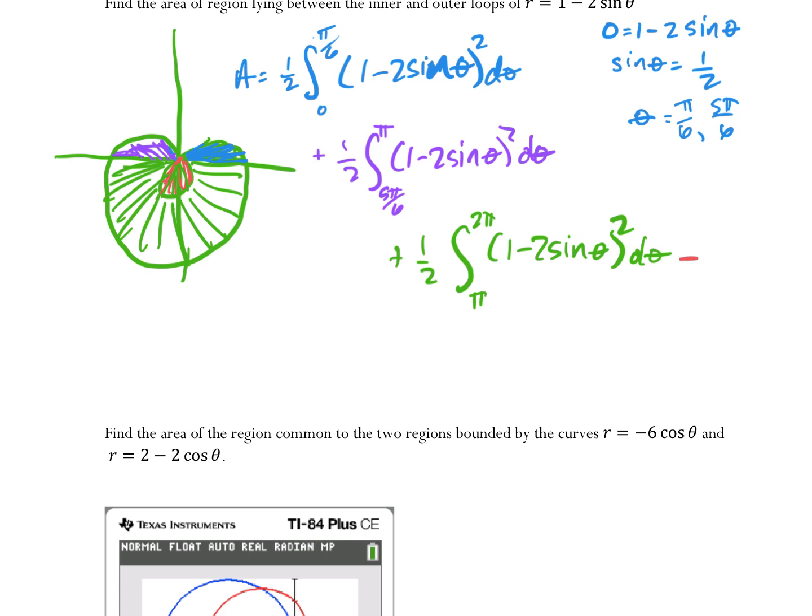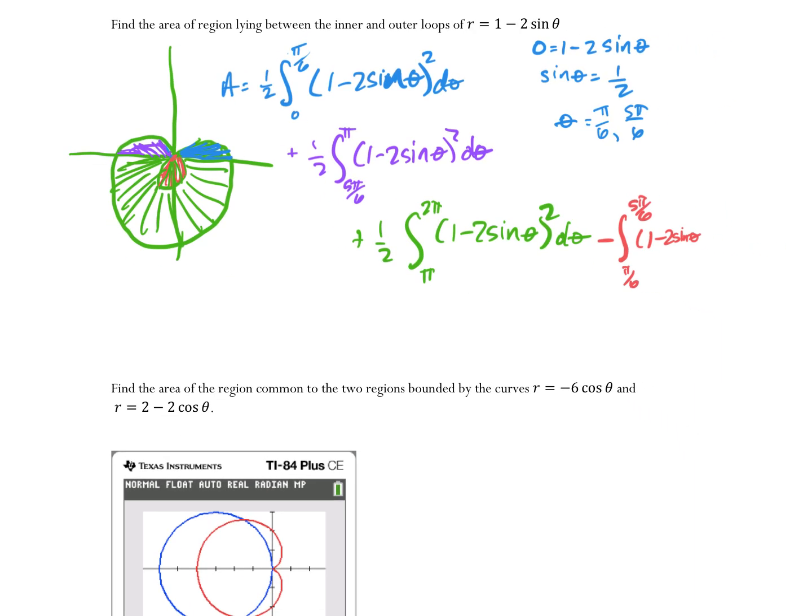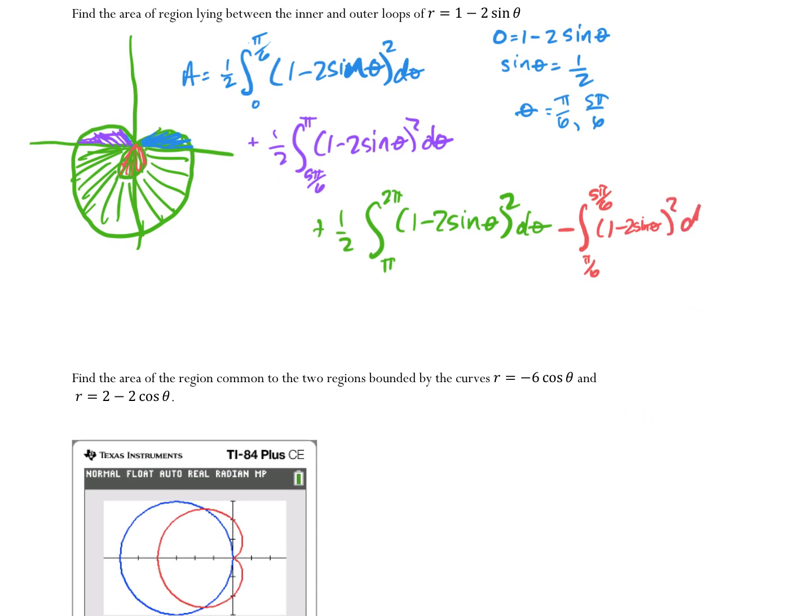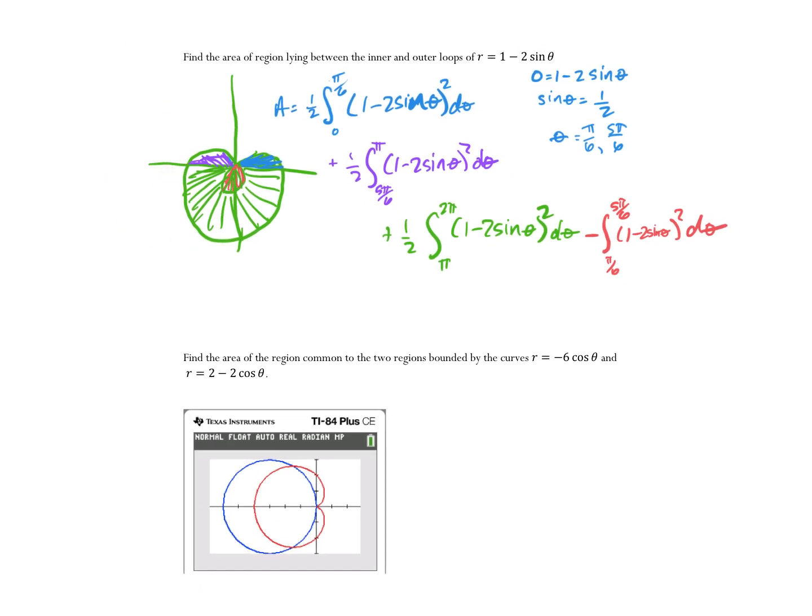Well, that red area was defined as pi over 6 to 5 pi over 6. And if you're like me, you're finding this to be a really, really icky approach.